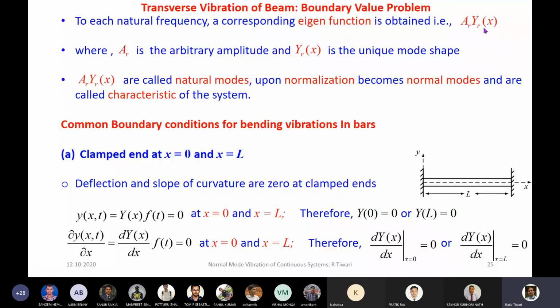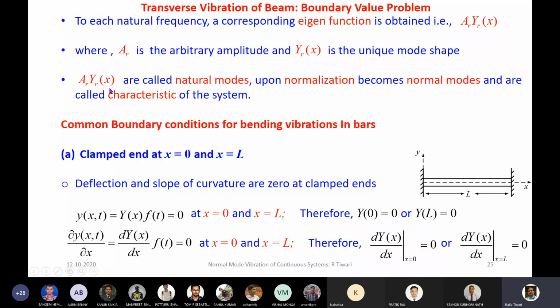There, the mode shape, the eigenvector, had a unique shape or relative magnitude, but the absolute magnitudes were not unique. The same thing is valid here also. The magnitude part will not be unique, but the shape will be unique.